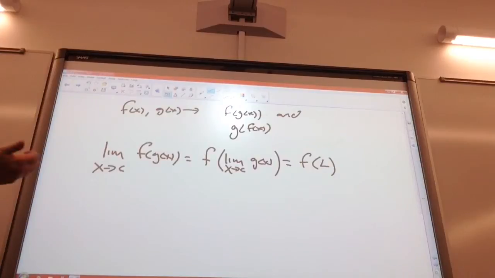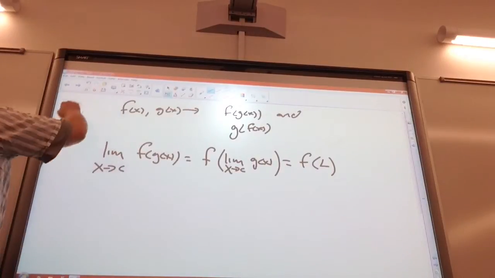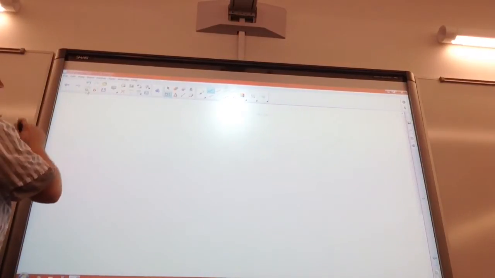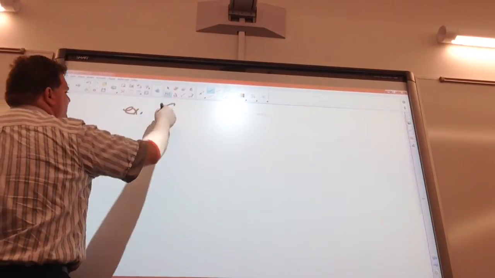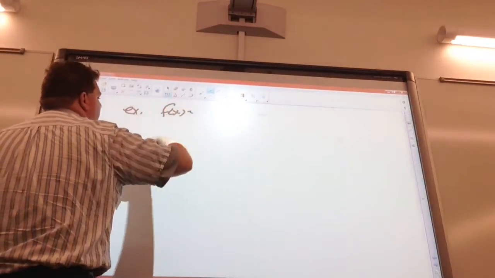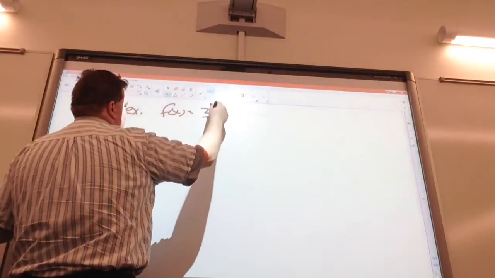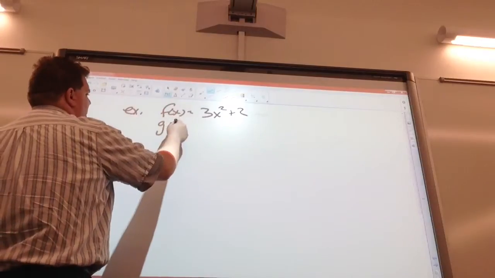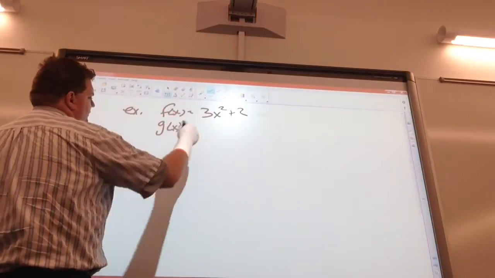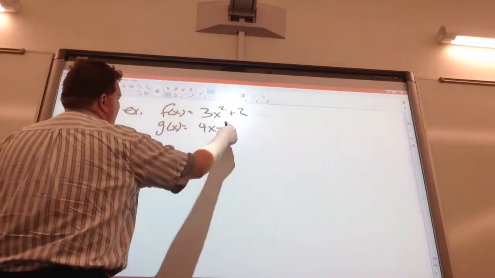Let's look at an example of this in action, and you'll get the idea. Let f of x be equal to 3x squared plus 2, and g of x equal to 4x minus 1.